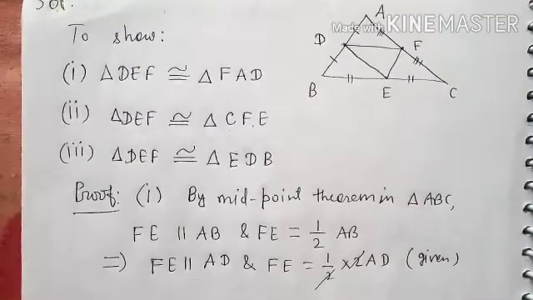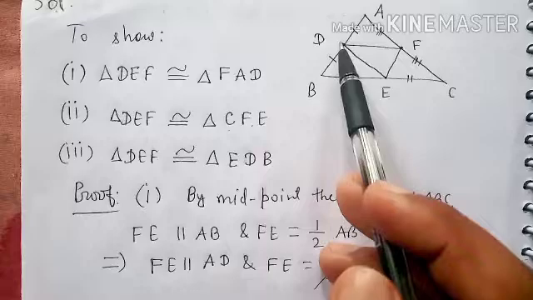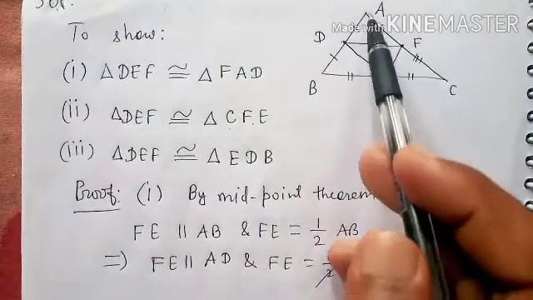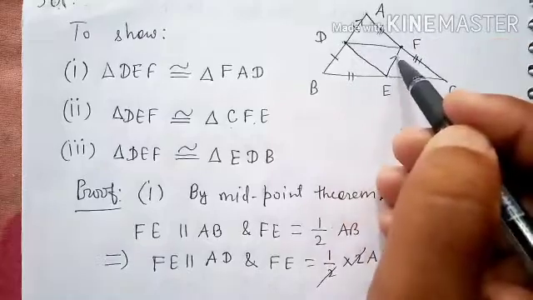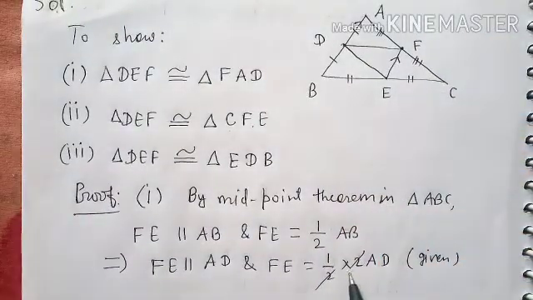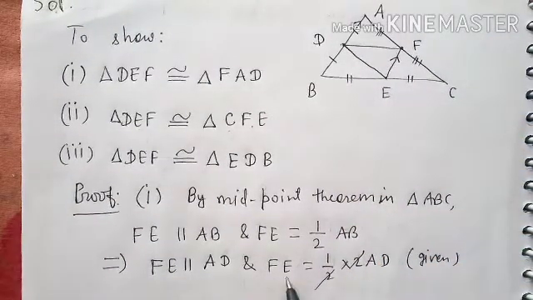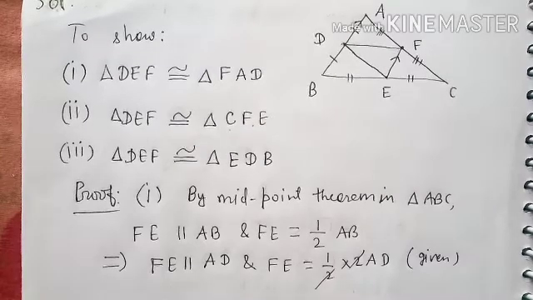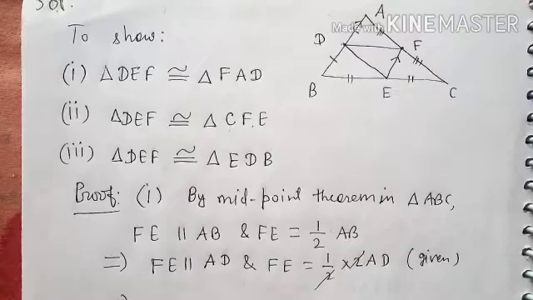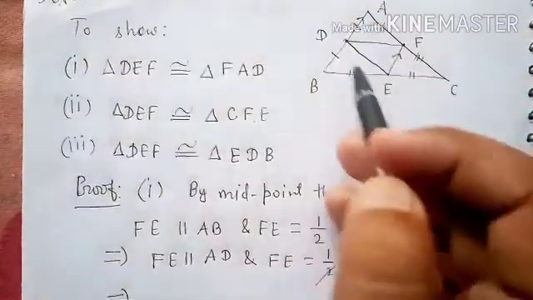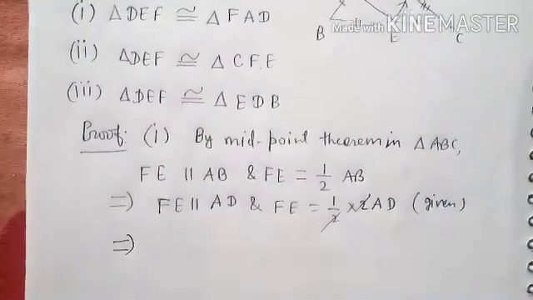Now you can see in quadrilateral ADEF, AD is parallel to FE and AD is equal to FE. You know that in such a case this quadrilateral ADEF becomes a parallelogram.